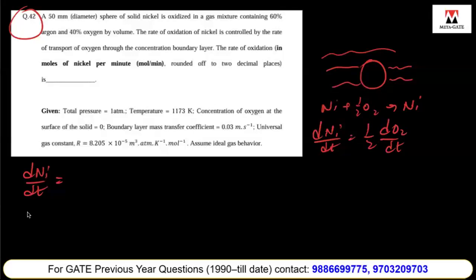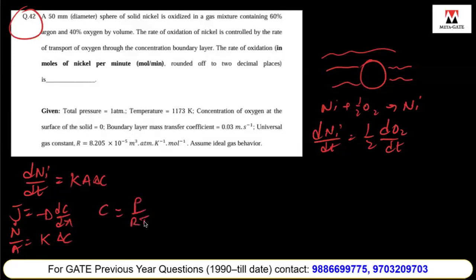Here you can apply from diffusion. J is equal to minus D into dC by dx. So this can be transformed as n dot by A is equal to this in rate transfer. If you see, diffusion by delta is nothing but the mass transfer coefficient. So K into delta C. So n dot is equal to K A delta C. You can write concentration in terms of pressure by RT, because concentration is nothing but the number of moles by volume.